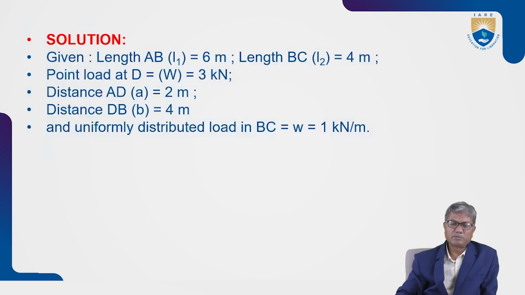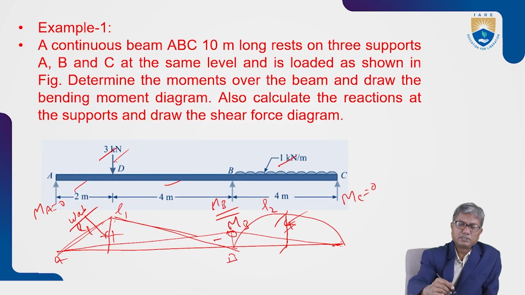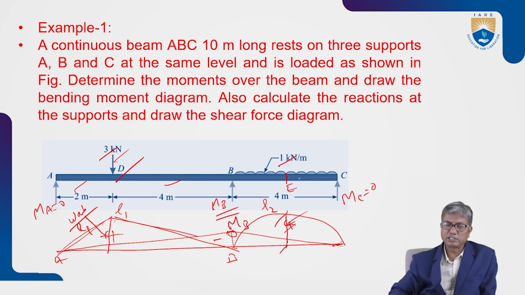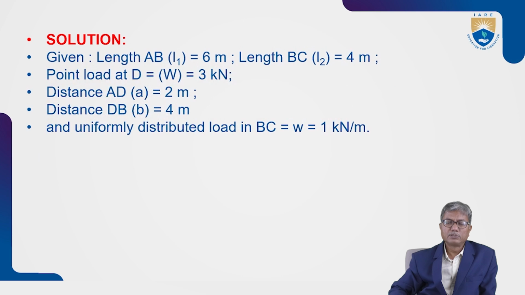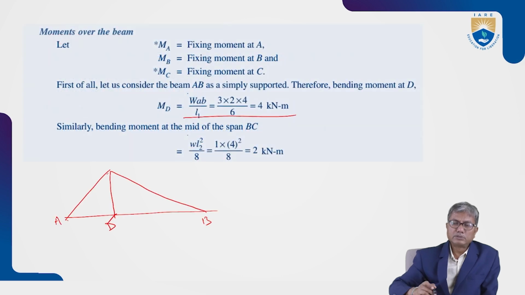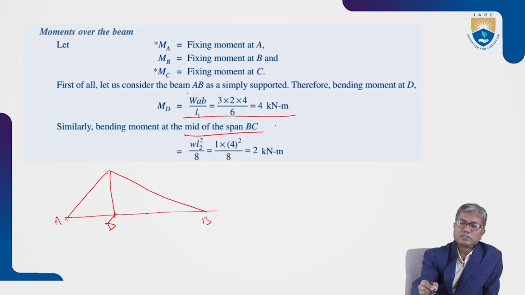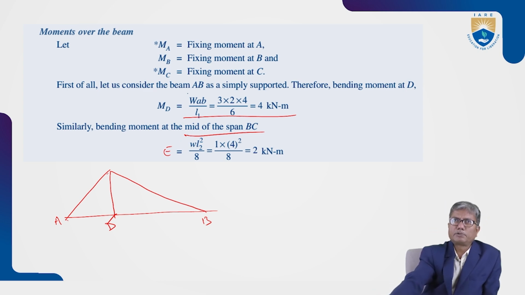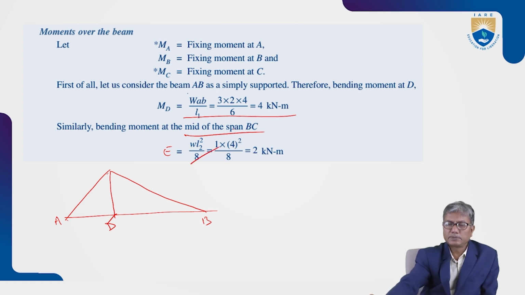We will take point E at mid-span of BC, where the bending moment is maximum, at point E it is WL2 square by 8.